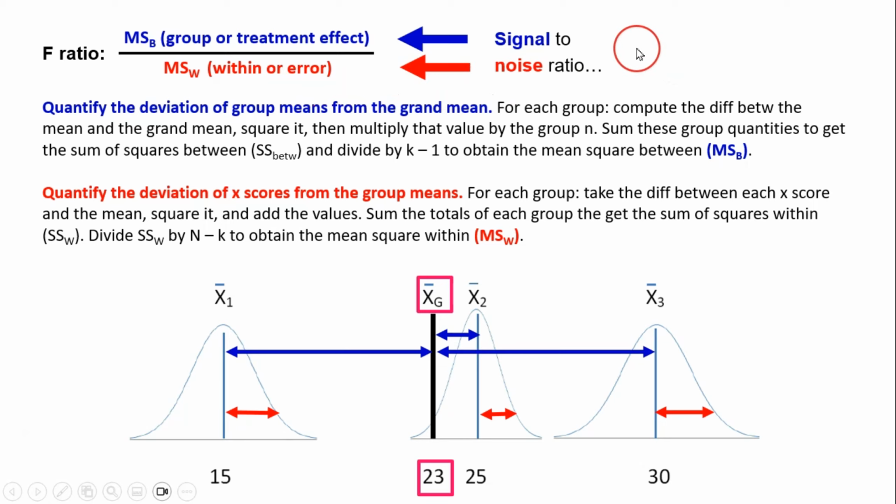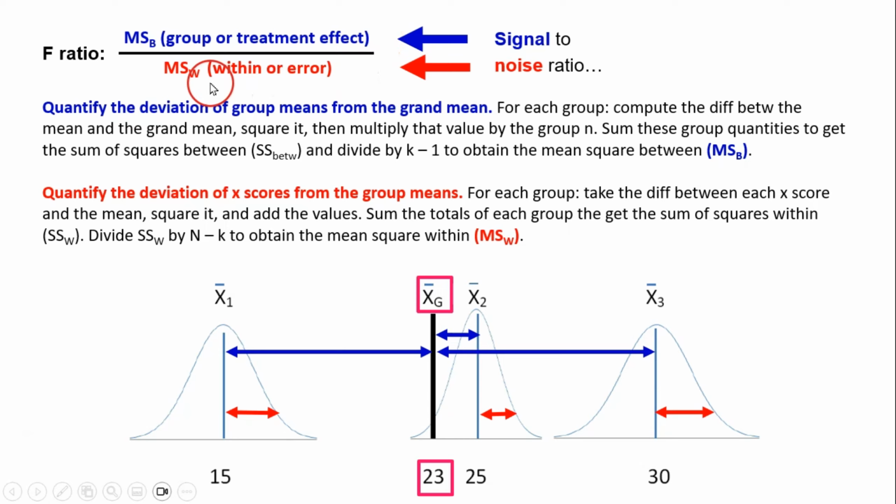And so what we end up with then is what you could conceptually consider to be sort of like a signal to noise ratio. Because when you carry out an ANOVA procedure, like in particular a one-way ANOVA, what you're interested in is whether or not there is a group or treatment effect on the means.